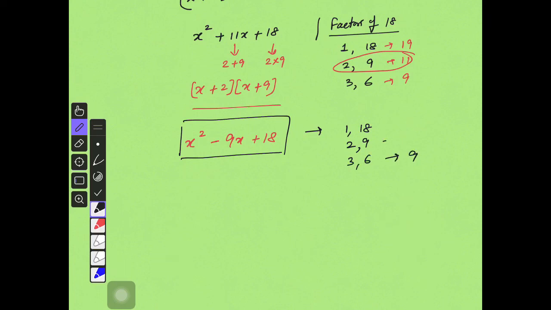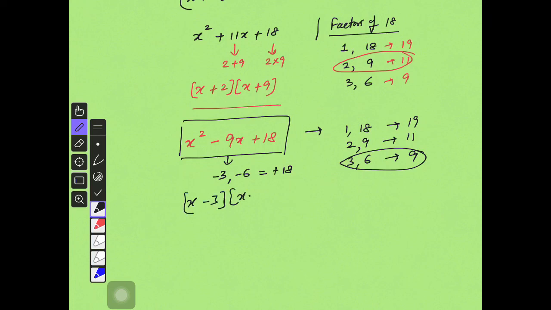Think about 3 and 6 now, because 3 plus 6 gives you 9. Of course, we have a negative 9x there, so we have to change their signs to negative 3 and negative 6. Because they have the same signs, you can add them to get negative 9, and when you multiply them you get positive 18. So the factors are x minus 3 and x minus 6.